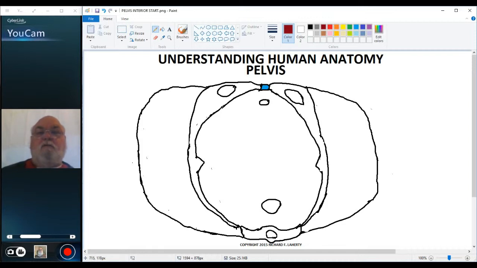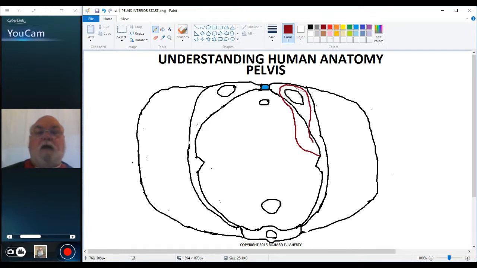The first muscle I want to sketch in is Obturator Internus. Now, Obturator Internus takes origin from the pubic and ischium bones surrounding the obturator foramen, and also from the membrane that covers most of the obturator foramen.